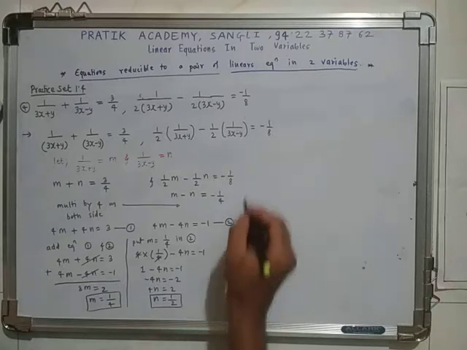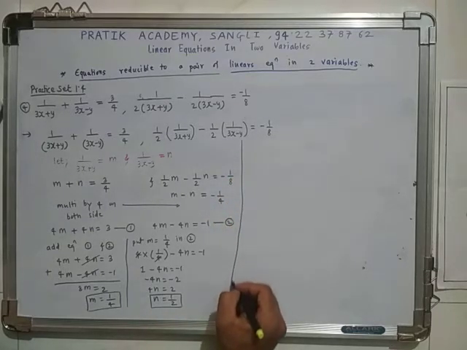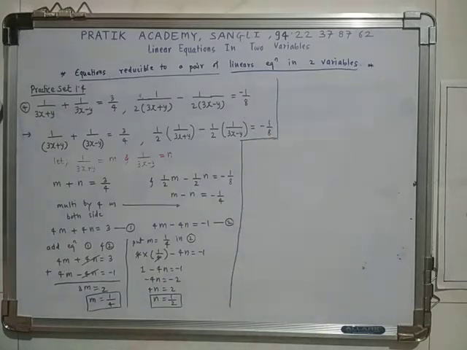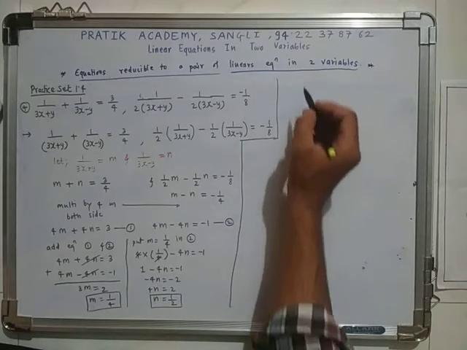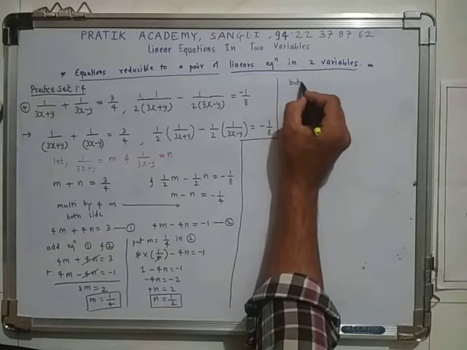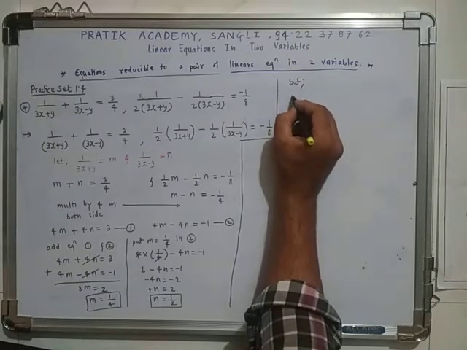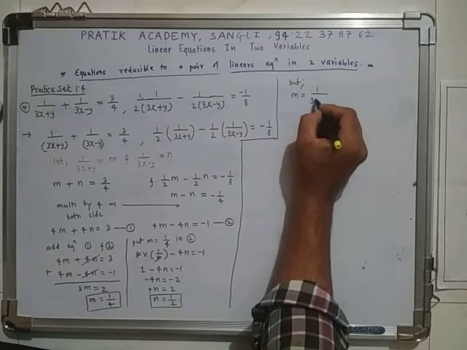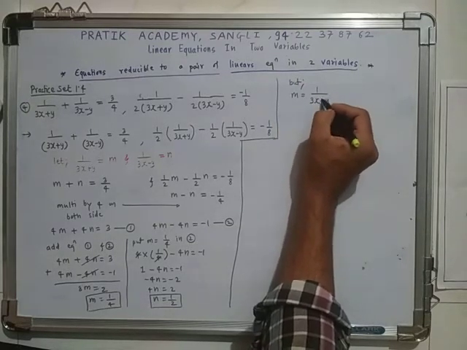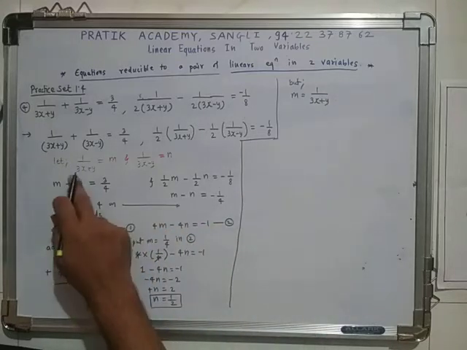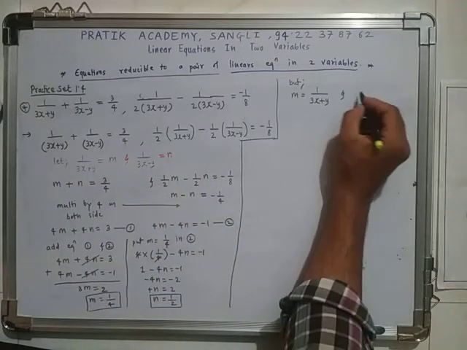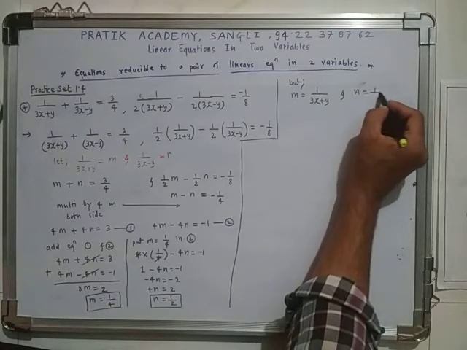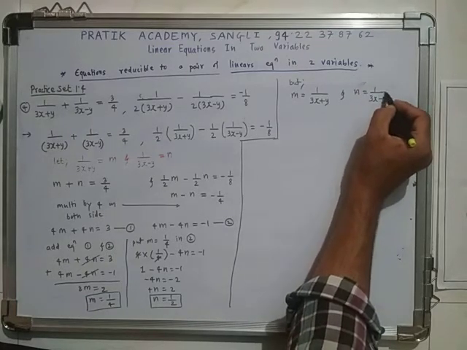So we have got the values of m and n, but this is not the solution, as we discussed earlier. What is the value of m? It is 1 upon 3x plus y. And what is the value of n? N is 1 upon 3x minus y.